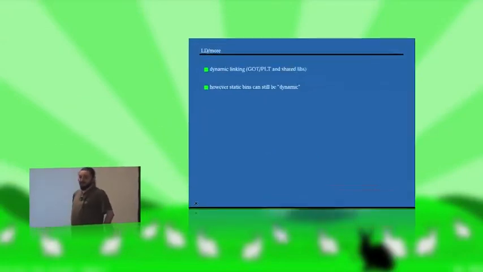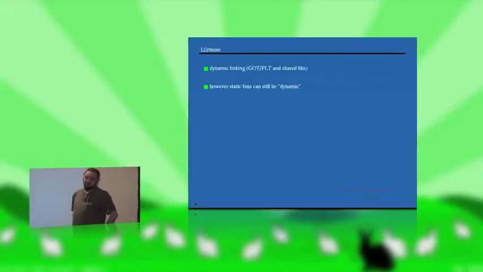And of course, the obvious benefit from dynamic binaries, as we saw before, is that we can randomize the binaries and the libraries that the binary uses. And of course, we can randomize with position independent executables. We can even randomize the binary. But nobody said that we cannot make static binaries, which are one solid binary including all the libraries and everything, also be kind of dynamic by behavior.